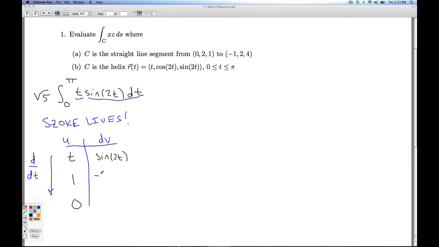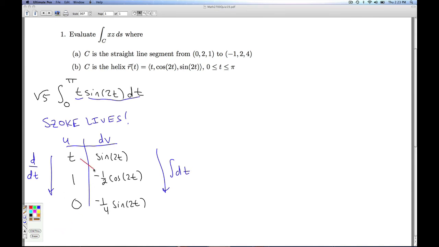So don't forget the chain rule when you integrate. So we're going to pick up a negative 1/2, and then we're going to pick up another 1/2. And so just to make sure we all remember, here we're integrating with respect to t.